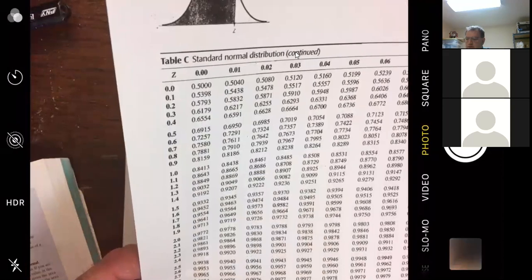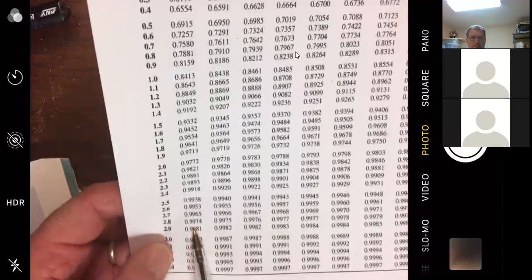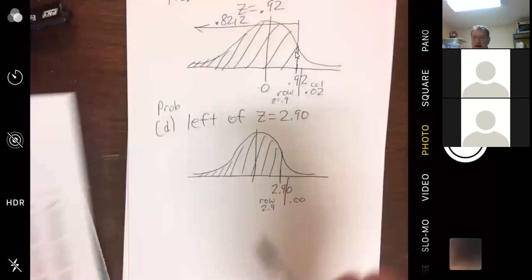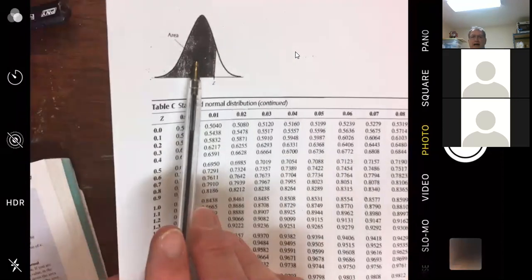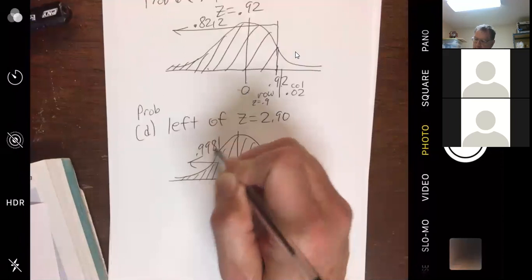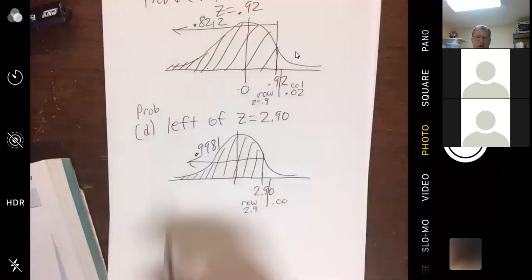The 2.9, 0 column: 0.9981. And again, that is the area of the black, left of it always. 99% of your numbers are left of that.